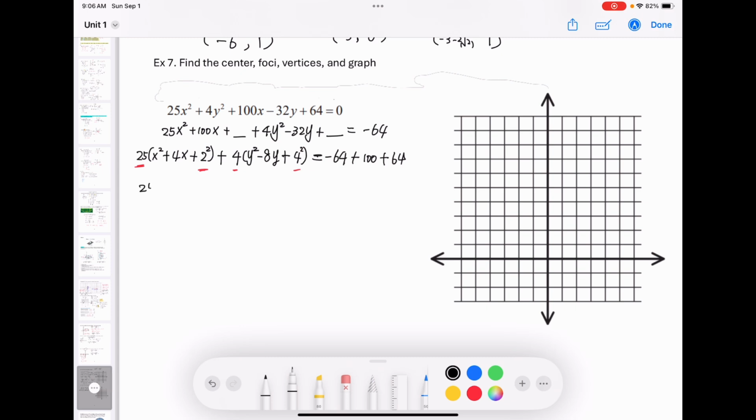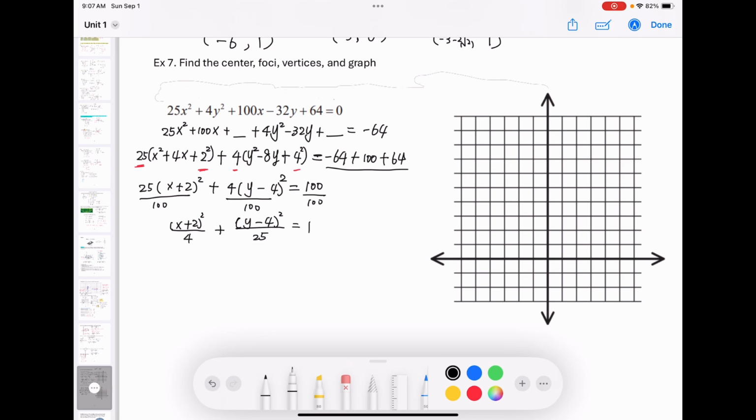They are 25 times (x plus 2) squared, and then 4 times (y minus 4) squared. On the other side, doing the addition, we have 100. Now we make a 1 on the right hand side, dividing both sides by 100. So we have (x plus 2) squared divided by 4, which is 2 squared, plus (y minus 4) squared divided by 25. The other side is 1.